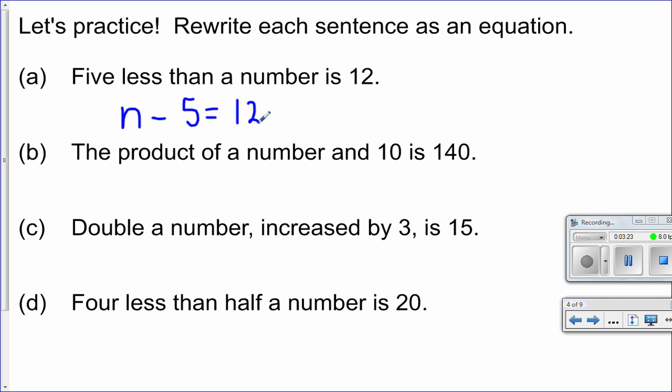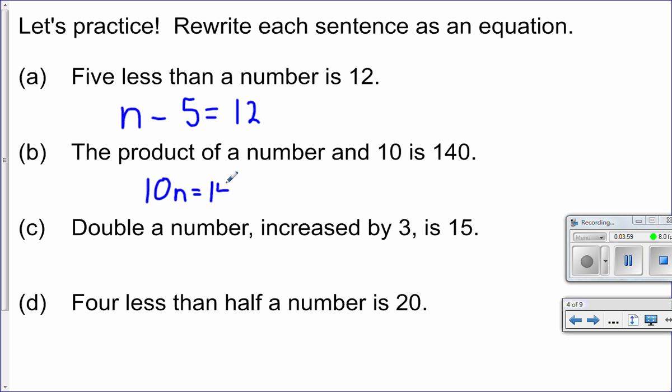Okay, how about this one? The product of a number and 10 is 140. Well, product means multiply. We're multiplying a number and 10. Just to make this look a little neater, let's write it like this: 10n equals 140.